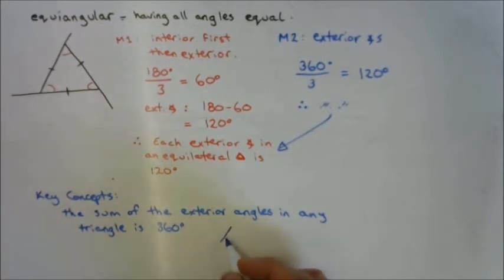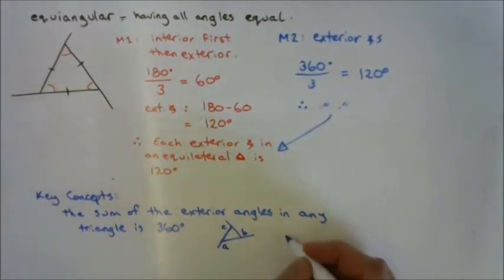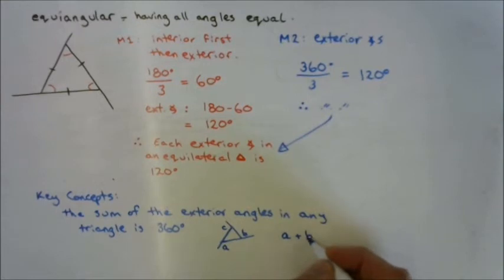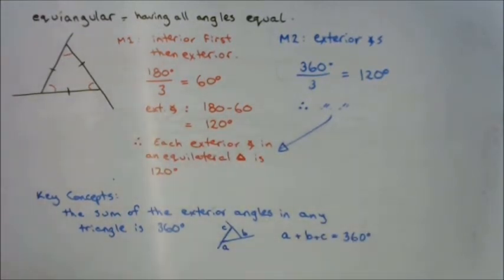Okay? If you would like a little diagram, you can draw a random triangle. You can call the exterior angles A, B, C, and then tell yourself that A plus B plus C equals 360 degrees.